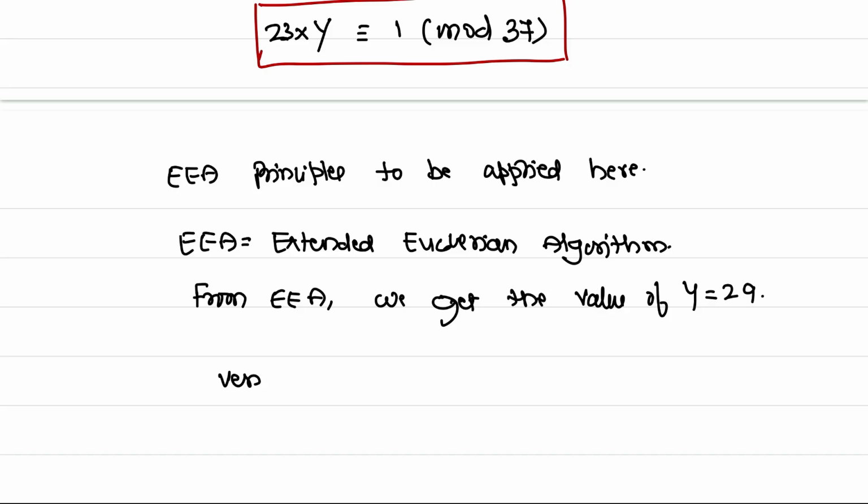Let us verify whether it is correct or not. 23 into 29 is how much? 23 into 29 is 667. 667 is equal to 18 into 37 plus 1, that is 666 plus 1.